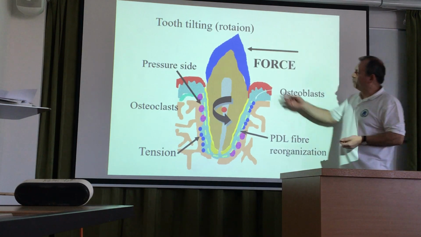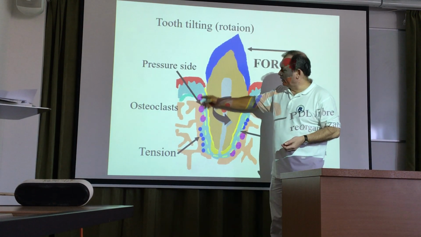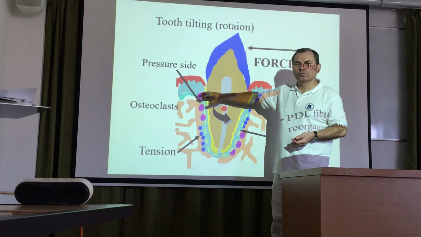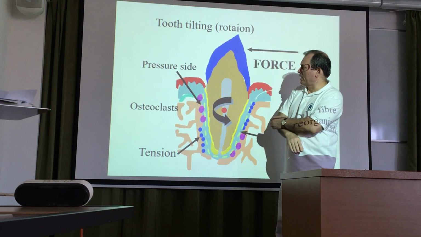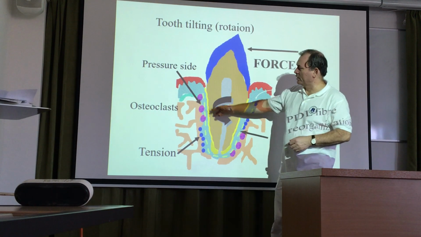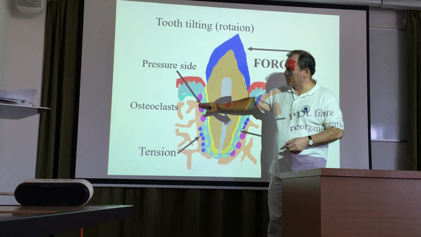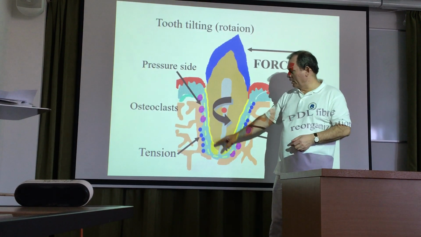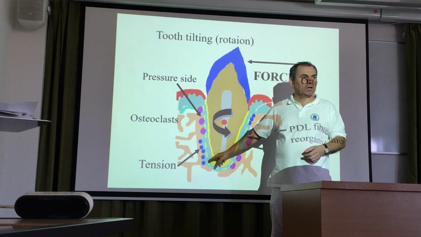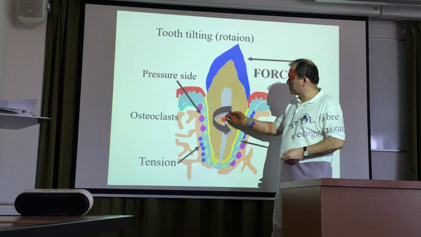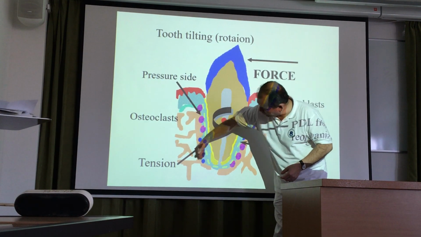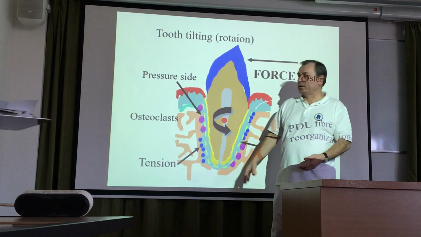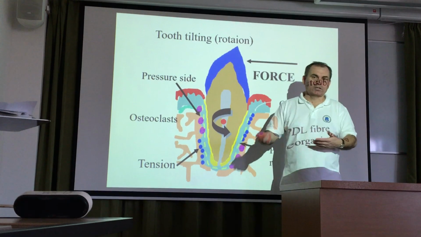So when the force is here, on the marginal side of the periodontium, on the opposite side of the acting force, the marginal side will be the pressure side and the periapical side will be the tension side, because it is pressing against the bone here and moving away from the bone there. On the other side, it is just the opposite.